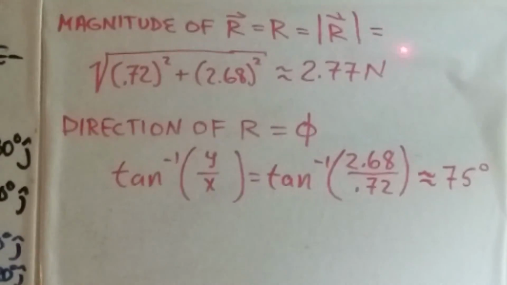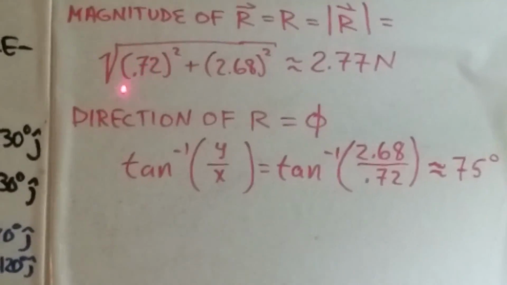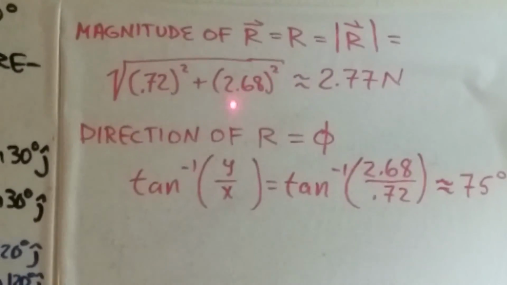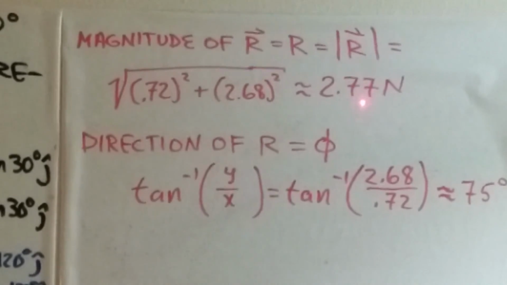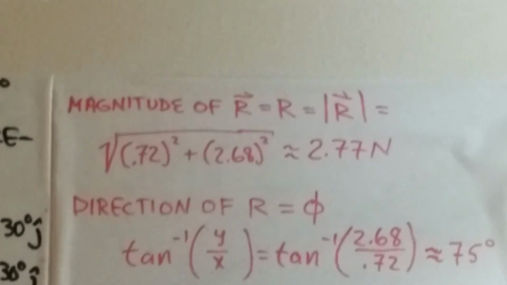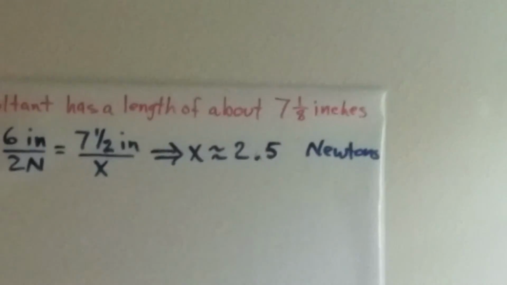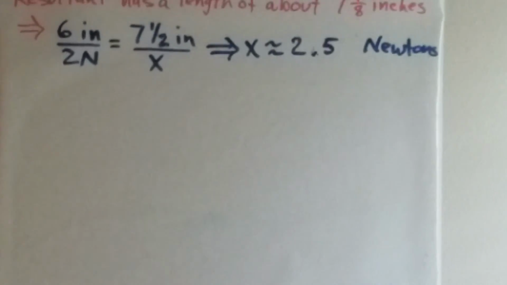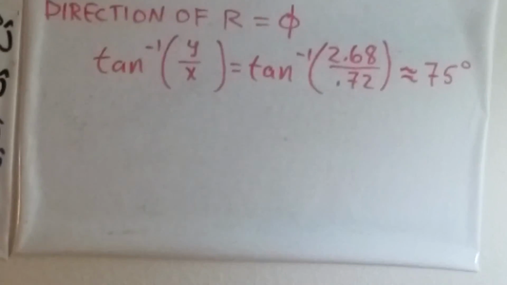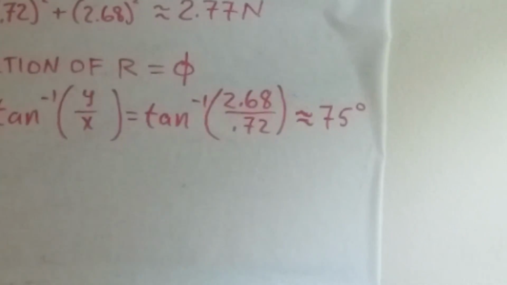I'm talking about the magnitude here, so when I do the magnitude, basically I'm just using the Pythagorean theorem, and I calculate this to be about 2.8 newtons. A little bit off from what I had up above here. Remember when we did that graphical method, and I used a box, my stylus box, but not too bad.